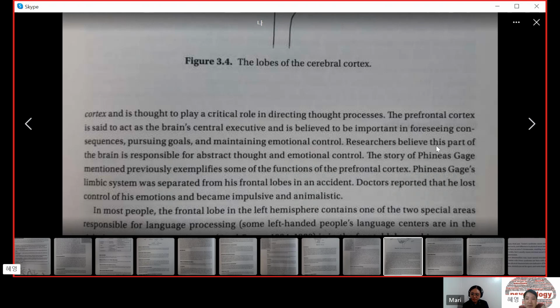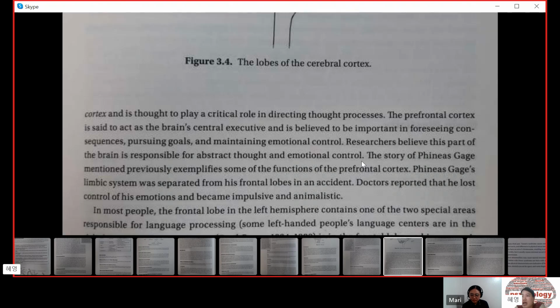Researchers believe this part of the brain is responsible for abstract thought and emotional control. So if somebody has harm to this part, he or she cannot easily control their temper.